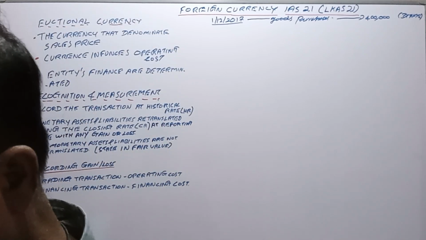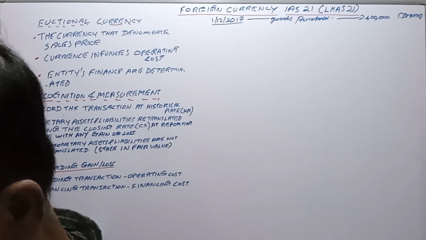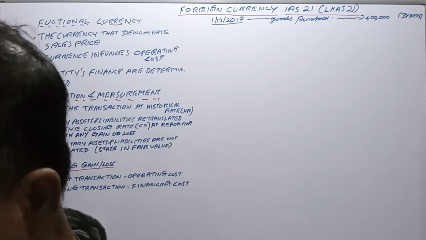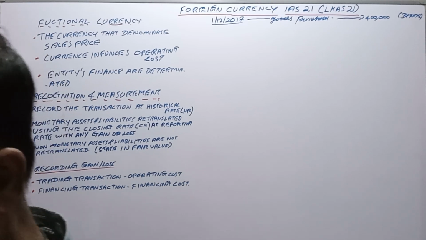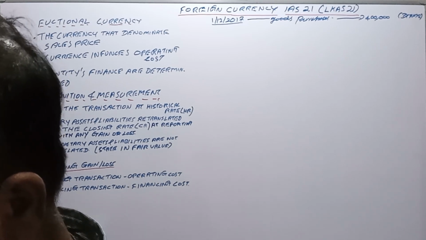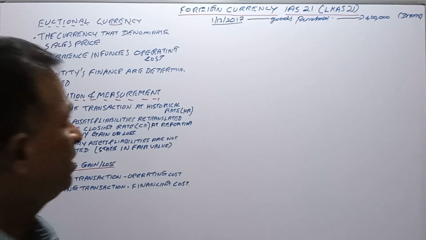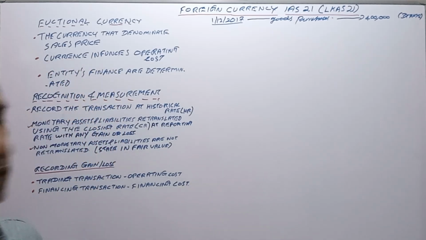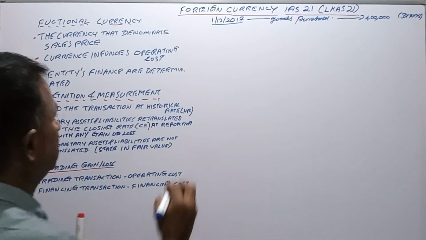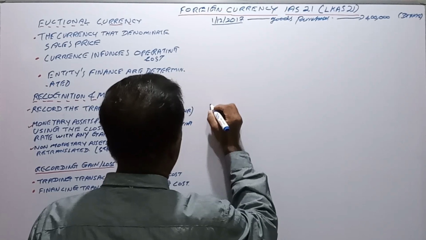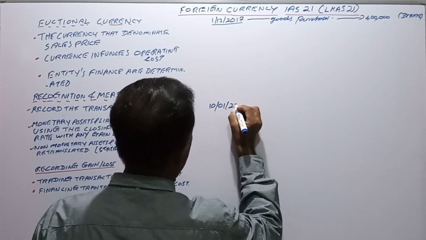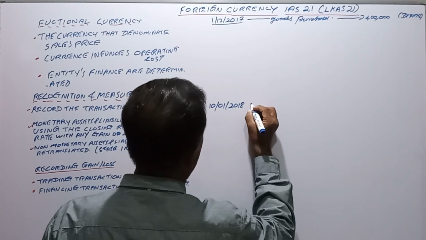Then Jones paid for the goods on 10th January. Only on 10th January is he paying, right? We will keep it as it is. On 10th January 2018 he is making the payment.